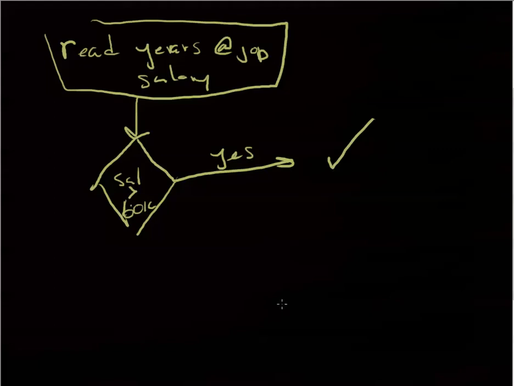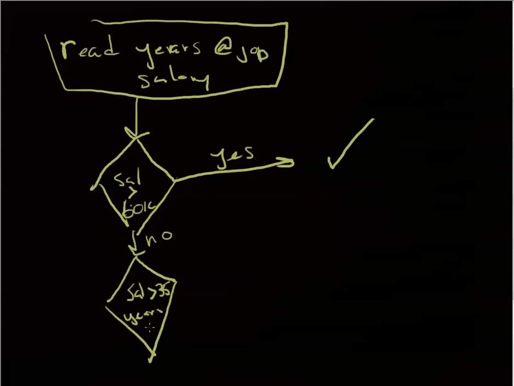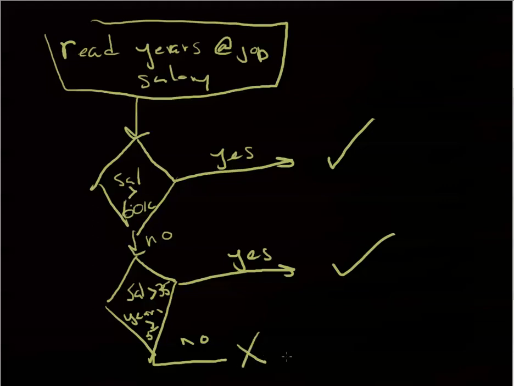All right, we'll just put a check mark. If no, we've got another set of decisions. Is salary greater than 35 and years greater than 5? If that's yes, we're in. And if that's no, then we're going to reject the loan.